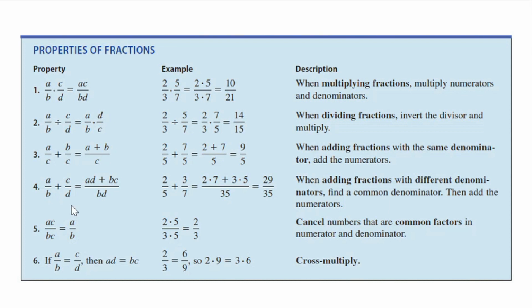In this case, since they are variables, I will find the product of the denominators. So the product now is bd, and after finding it, I call this one the LCD. And then after that, you divide by the denominator and then multiply by the numerator.